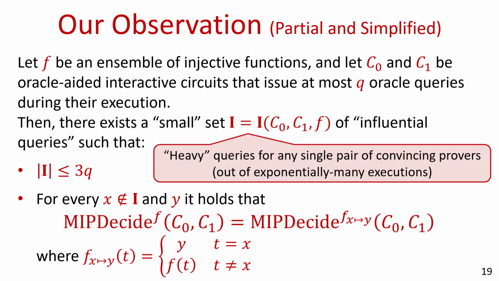This is proved by letting I be the set of all heavy queries of either C0 or C1, according to which case holds for f, when interacting with any specific pair of convincing provers. By heavy queries, we mean queries that are issued in at least 1/3 out of the possibly exponentially many executions.